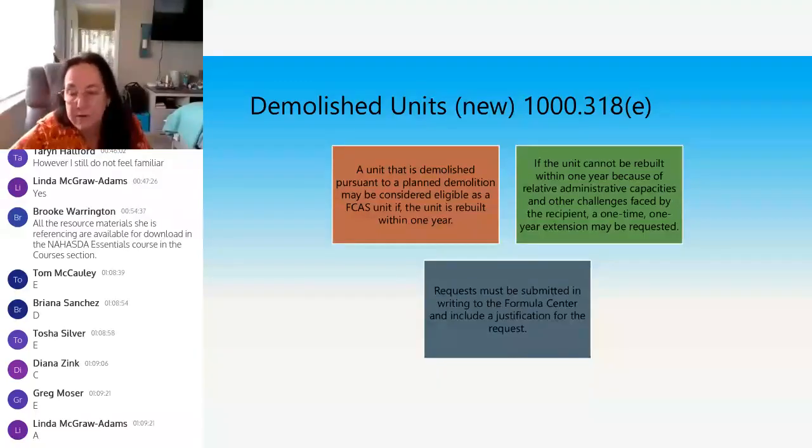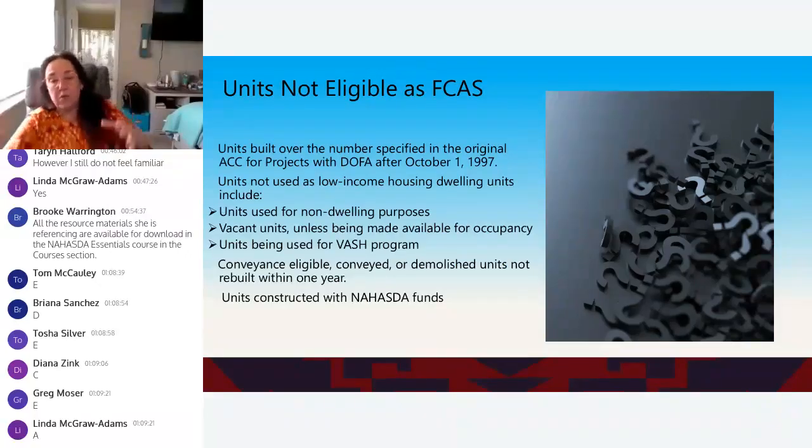Okay, so units are not eligible as FCAS if you built over the specified amount under your annual contributions project with the date of full availability after October 1st, 1997, or if you have a unit and you're not using it for a housing unit.